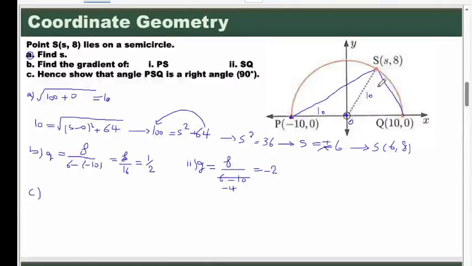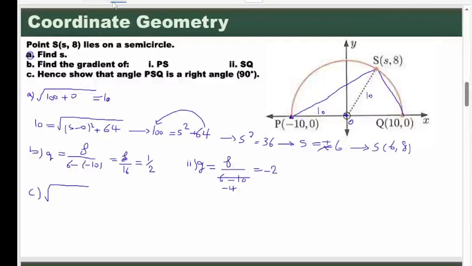But this time I want to use Pythagoras' theorem to show it as well. So I will find the distance between SQ.